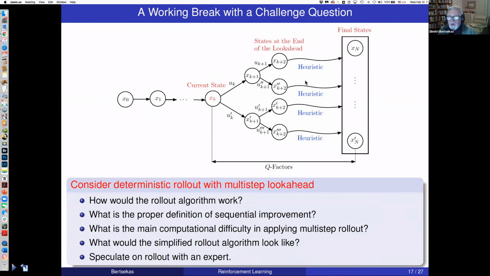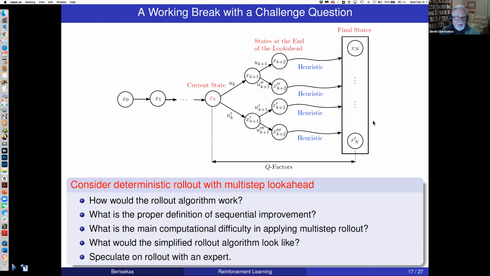We run the heuristic from all these nodes, and we find the best Q factor, which would be a whole sequence from xk to the outer edge of the look-ahead tree, and the cost of that plus the cost of the heuristic. So instead of getting a single control that is best in terms of Q factor, we get a sequence of controls that is best. Then we use the first one, throw the others away, go one step forward, and repeat, which is what you said, right? Yeah, that's what I was trying to say.